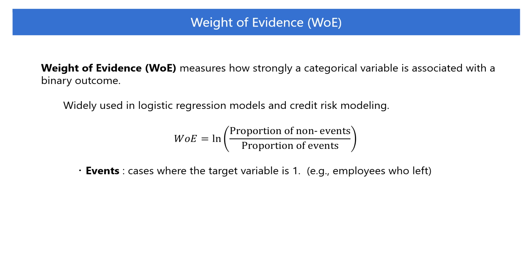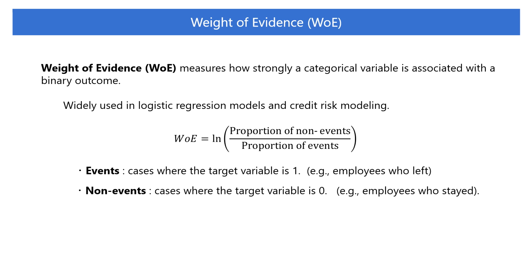Here, events refer to cases where the target variable is 1. For example, in employee turnover prediction, 1 represents employees who left. Non-events refer to cases where the target variable is 0.